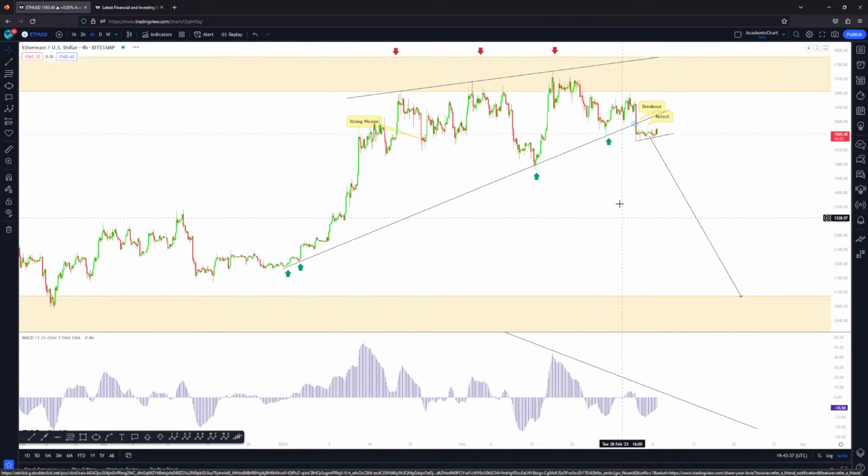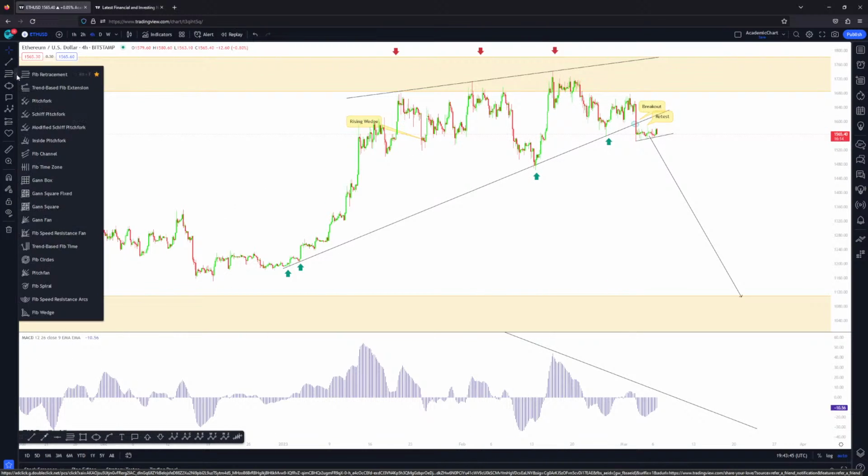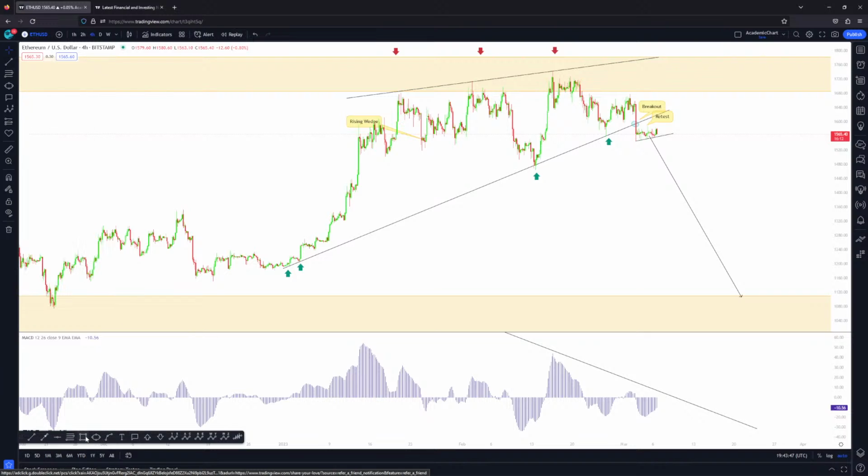But probably the first target will be somewhere around this zone, which is the closest strong support zone. So this will be the first target. We might have a second target somewhere in between, but the main target is going to be our support level that we found, if you remember, at the beginning of our analysis on the weekly chart.